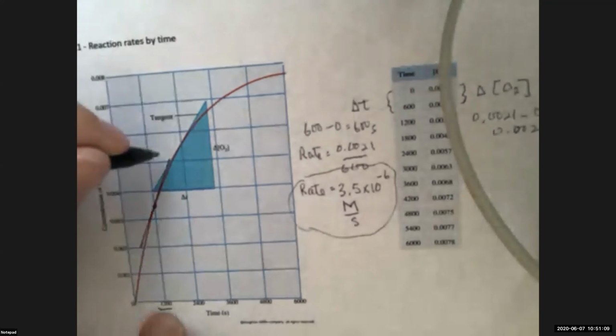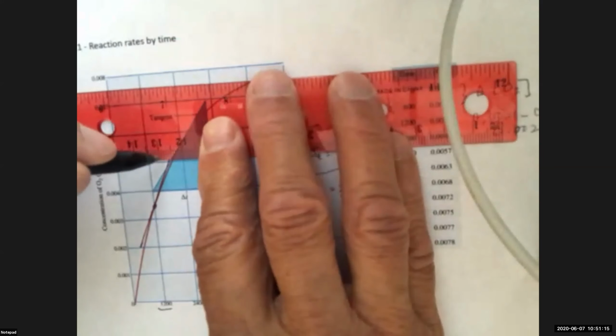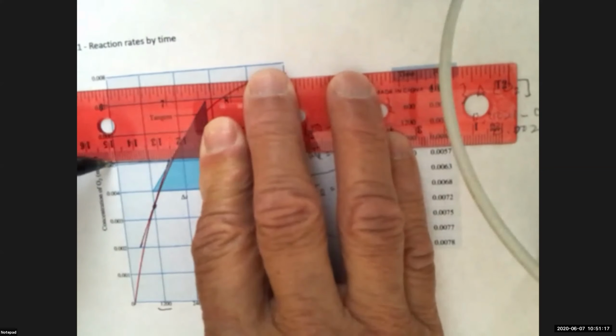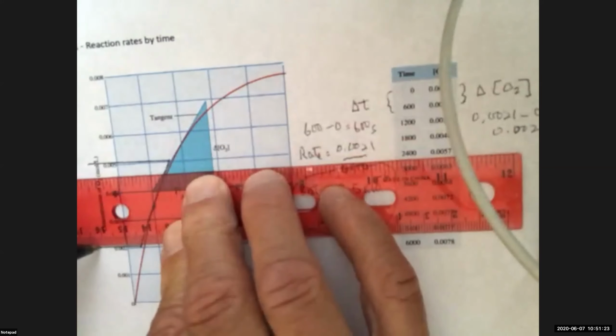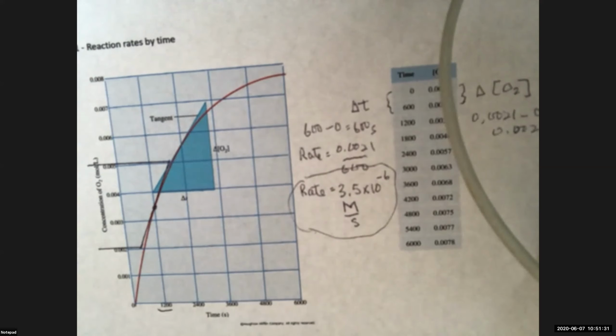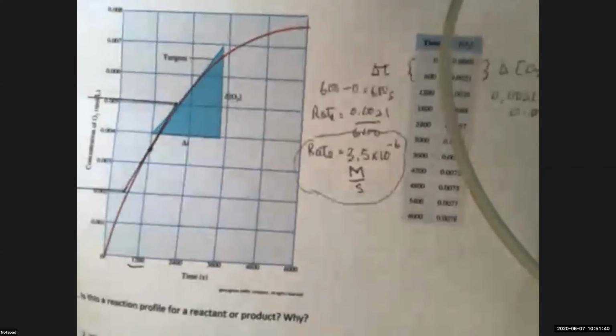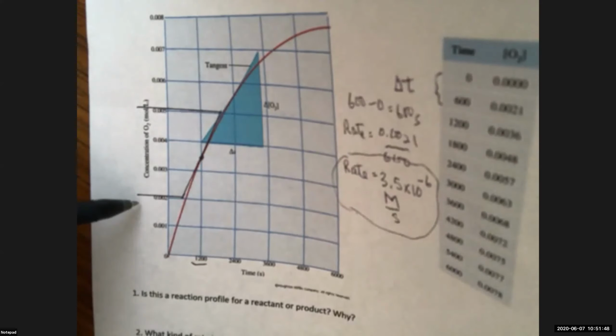So my concentration, here's the concentration over here. My concentration on this particular tangent line is here. That's the final, and this is the initial. So here's my final concentration, here's my initial concentration.